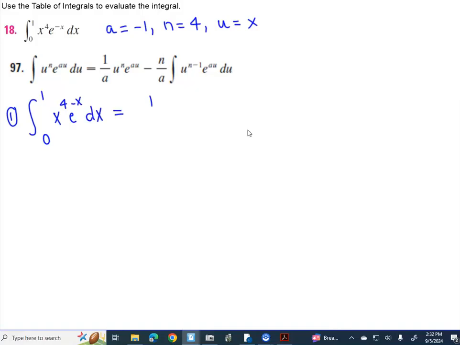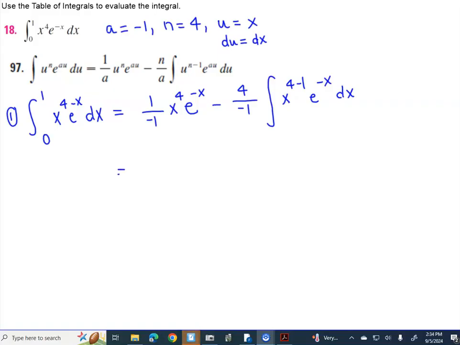So it's going to be 1 over -1, and then x to the fourth e to the negative x, minus n, which is 4, over a, which is -1, times the integral of u, which is x to the power of n, which is 4 minus 1, and then e to the -1 times x, which is negative x, times du, and du is equal to dx.